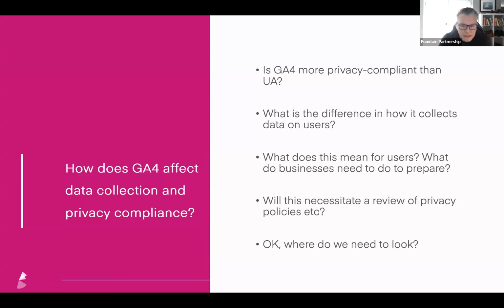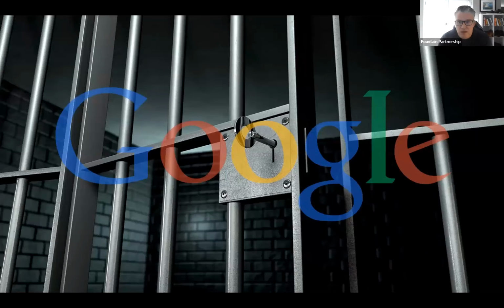So Lee, I'll pass over to you now because I know you've got a few things to chat through. Yeah, thanks, Jake. So we're going to jump right into this with some heavy stuff: a few minutes on GDPR and privacy. A few cases have been brought to court, and the courts have ruled against Google.